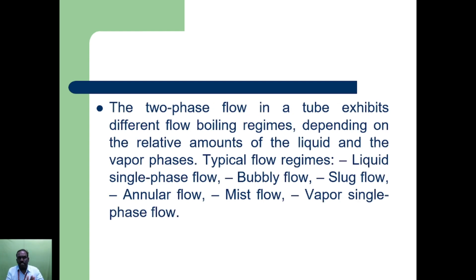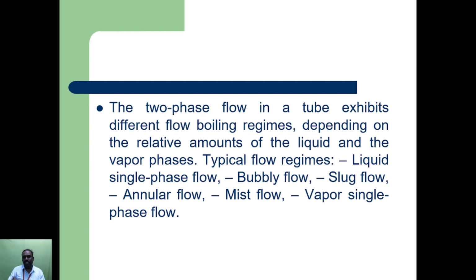Now the two-phase region. Single phase flow is one phase; more than one phase means multi-phase flow. The transition region is a liquid and vapor region, where more than one phase is involved in the tube. It exhibits different flow boiling regimes depending on the relative amounts of liquid and vapor phases. Typical flow regimes are liquid single phase flow, bubbly flow, slug flow, annular flow, mist flow and vapor single phase flow.